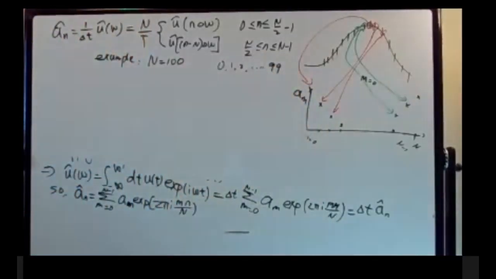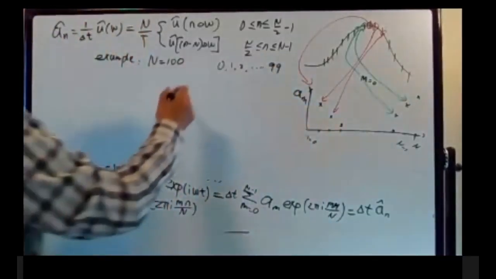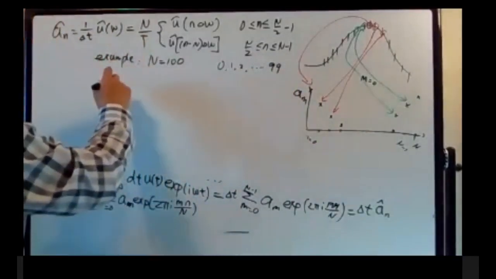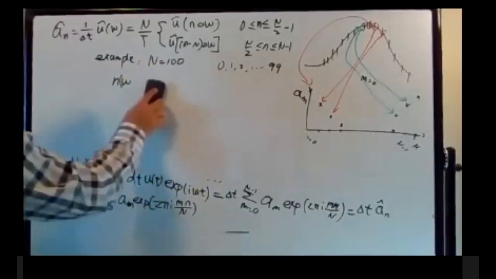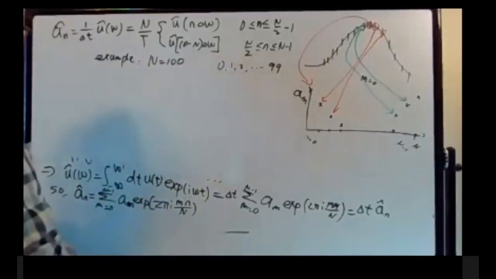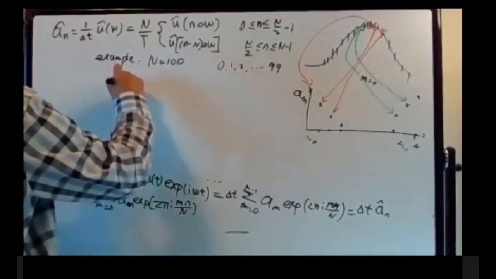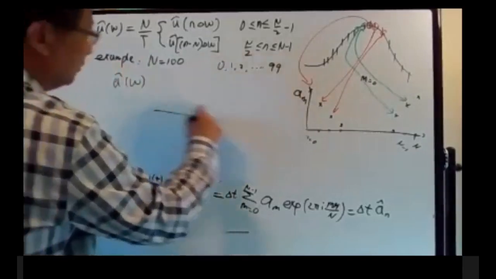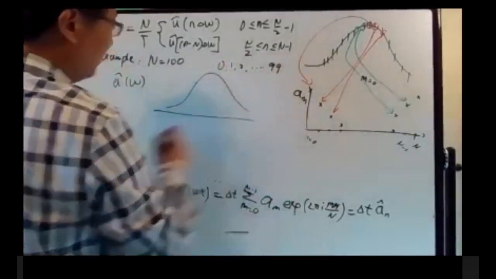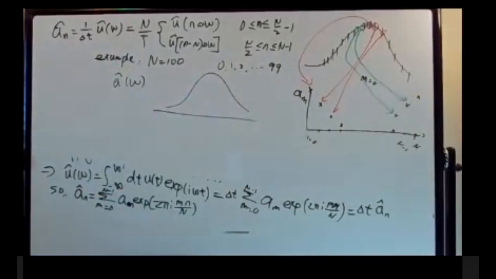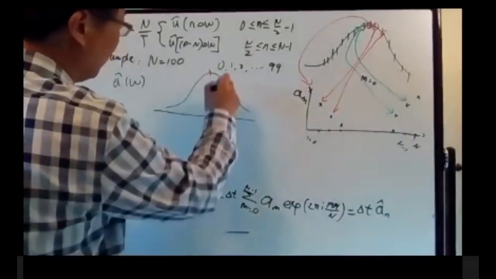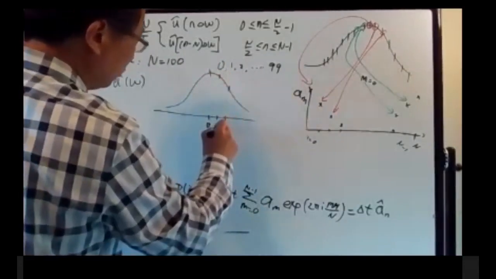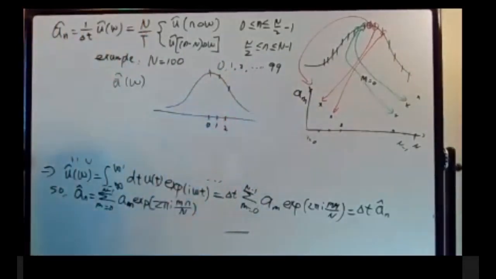So this is n omega, a omega, right? So that would be the 0, the 1, 2.